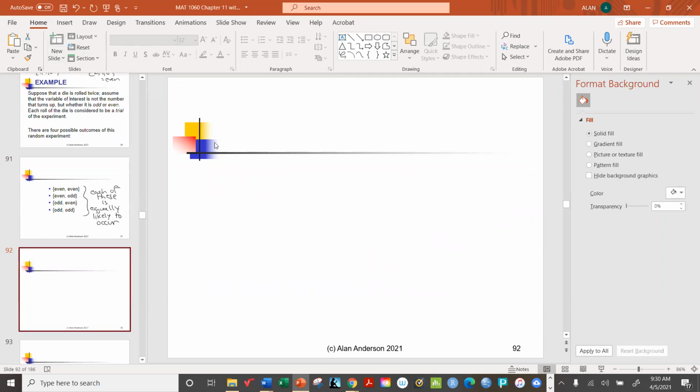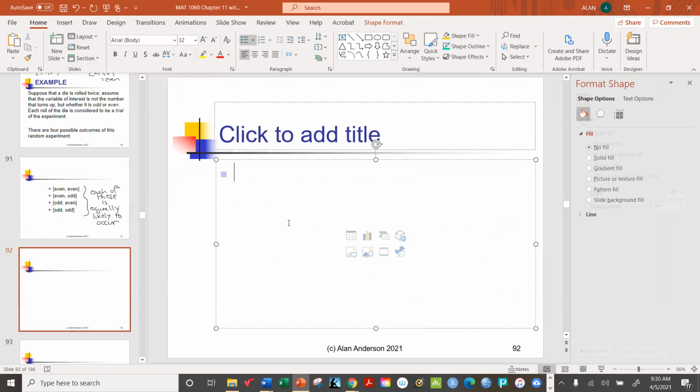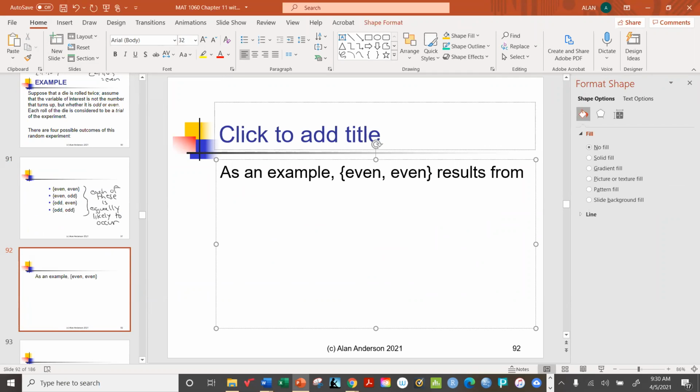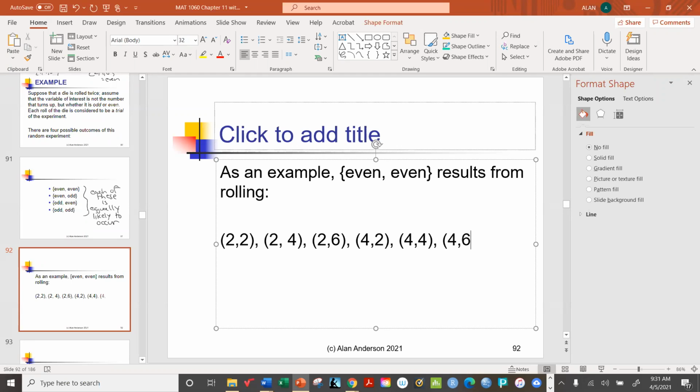Let me just throw this in here. As an example, even results from rolling. And then we could just list them all. 2, 2, 2, 4, 2, 6, 4, 2, 4, 4, 4, 6, and then finally 6, 2, 6, 4, or 6, 6.